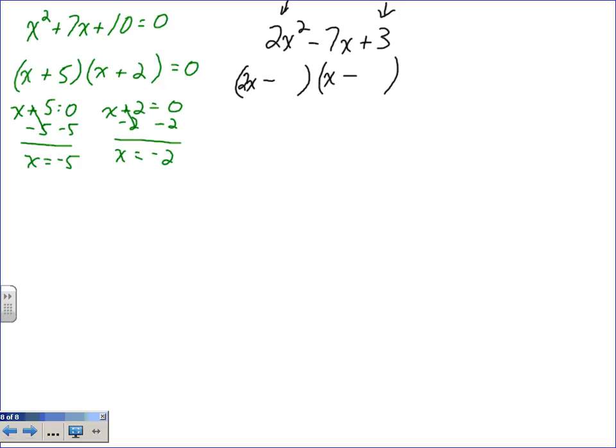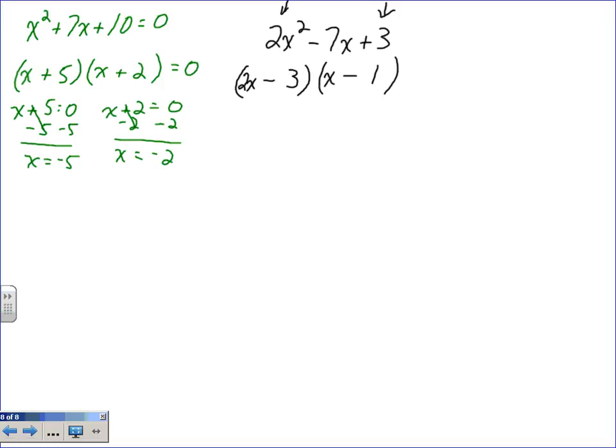And what about 3? Well, it's going to be 3 and 1, isn't it? Because it's the only things that you can multiply by to get 3. 3 times 1. But it could be 1 times 3. Because now it's going to matter where we put the 3 and where we put the 1. Let me show you. Let's say we put the 3 here and the 1.